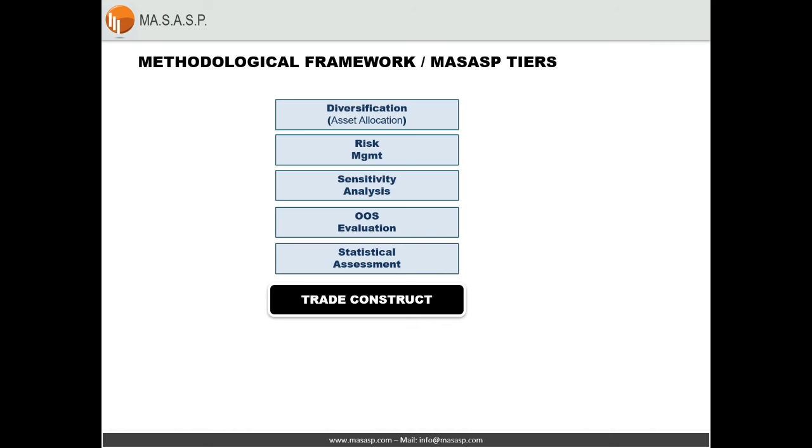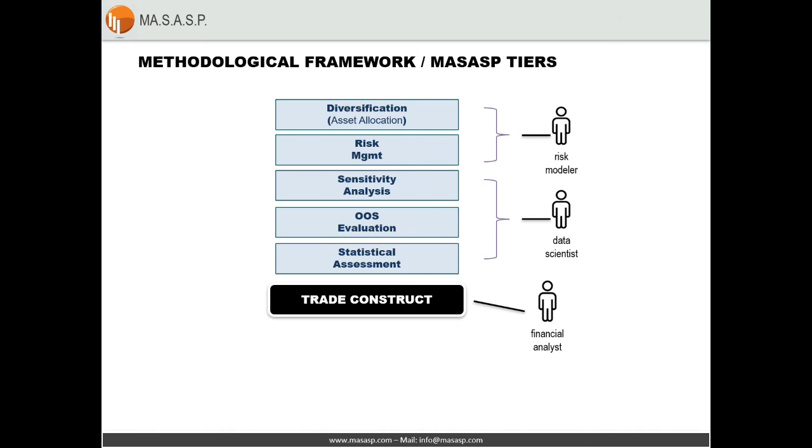We can see that we have a financial analyst layer, a data scientist layer, and a risk modeler layer. The bottom layer, the one involved with trade constructs, represent just a 10% of the overall framework.